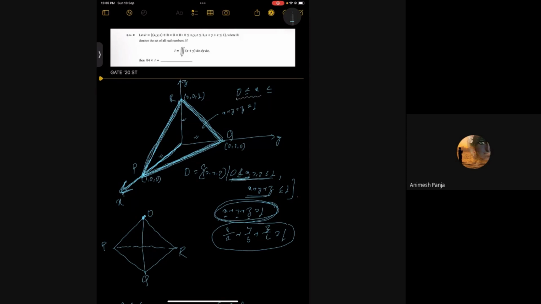And what is the upper limit of x? If you notice the figure, the upper limit of x is bound by this plane. It can't go beyond this plane.